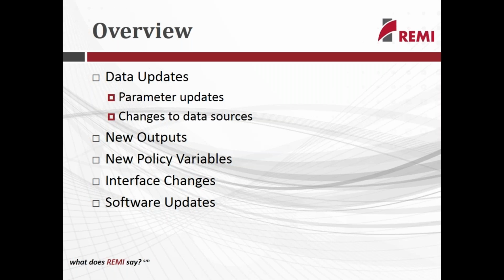We've also got some new policy variables. We've changed the way certain policy variables function, and we've allowed a bit more specified application of policy variables like labor productivity and compensation. The most comprehensive, probably the largest, update we've seen in the 2.3 model is in terms of interface and customizability.